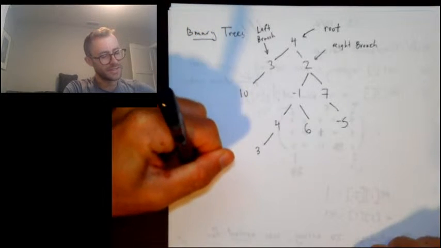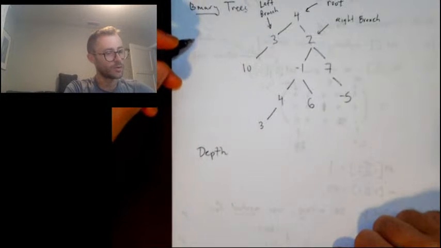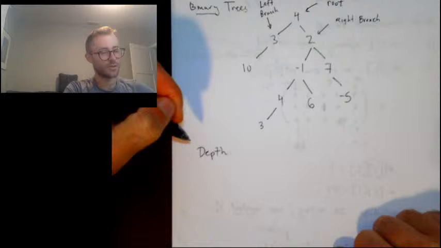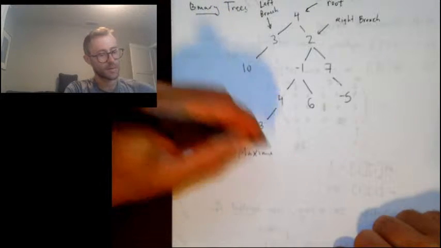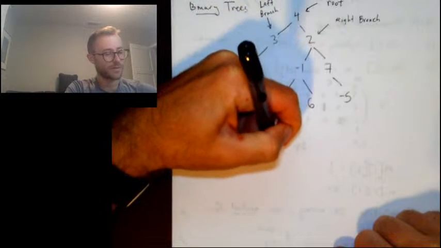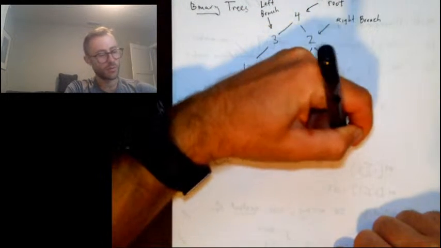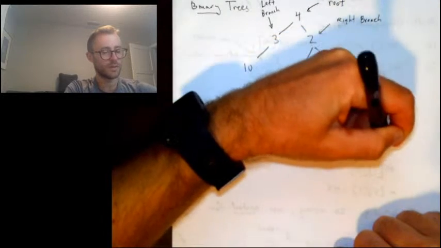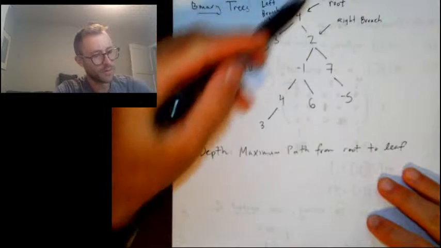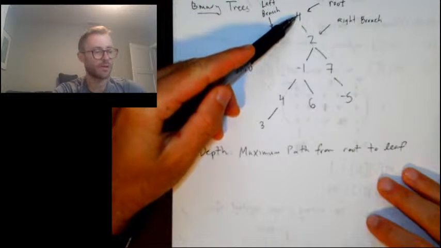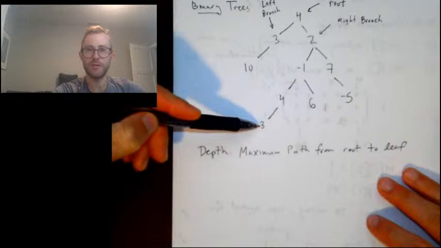There's something called the depth of the binary tree, which is basically the maximum path from root to a leaf. Okay, so if I think about this, what's the maximum path? I have 1, 2, 3, 4, 5.